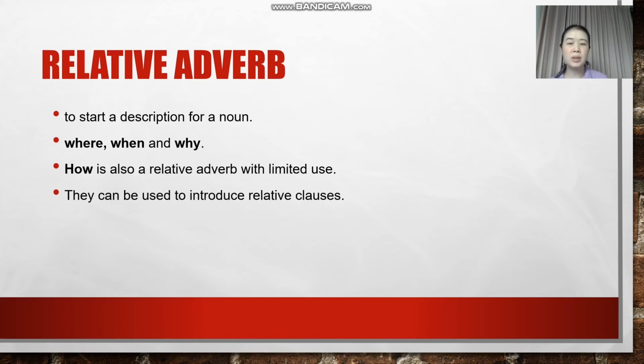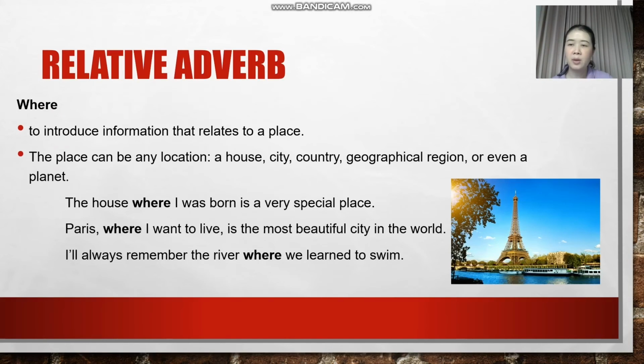introduce the relative clauses. For example, we have where, to introduce the information that relates to a place, like the place that can be any location, it can be a house, city, country, geographical region, or even a planet. For example, the house where I was born is a very special place.